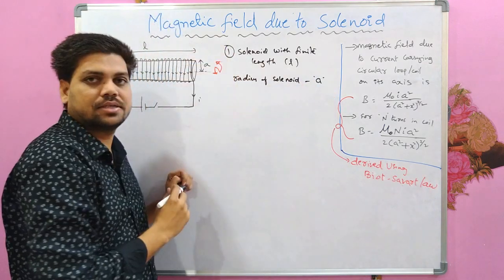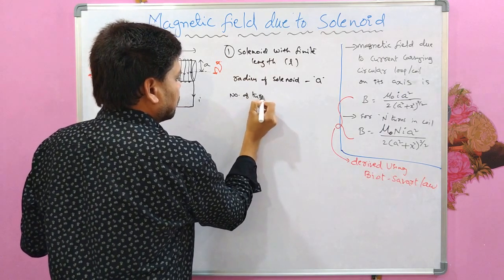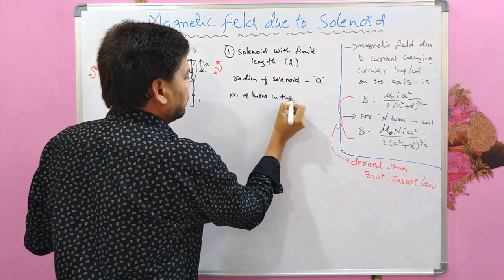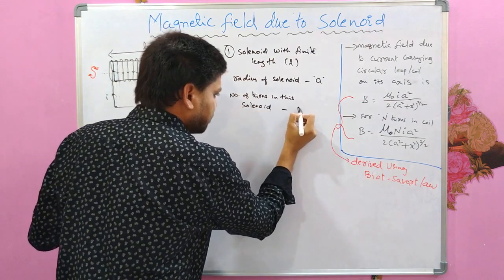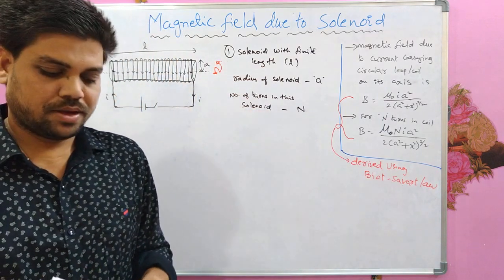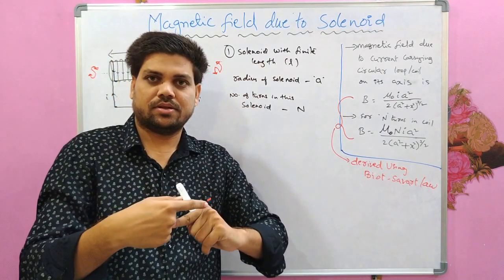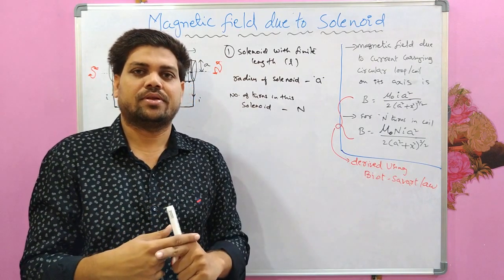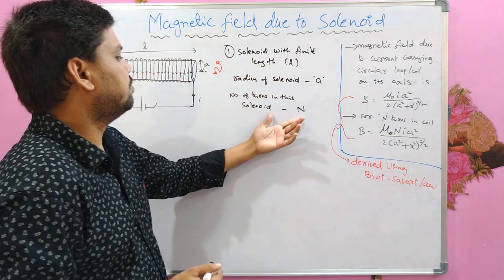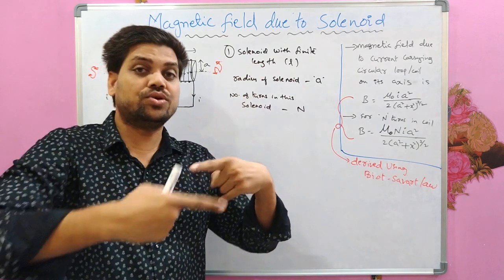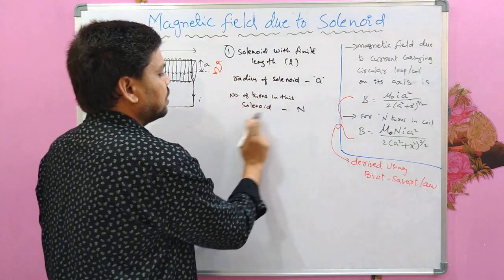You can see what the radius is. And the number of turns in this solenoid I am considering as capital N, because the wire is wound like a helix on this cylindrical core, which is non-conducting. There are so many turns, we don't know how many. So for example, I am considering there are N turns wound like a helix. Okay, so the total number of turns is capital N.